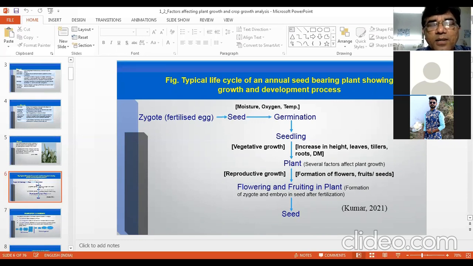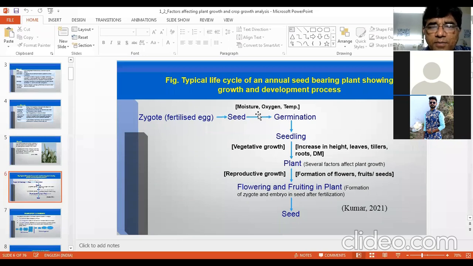After that, it may develop into a seedling, a very young or tender plant. Then this seedling will start its vegetative growth. Vegetative growth can be measured by increase in height of the seedling or plant, number of leaves, tillers, root dry weight, or overall dry matter. These are the growth parameters that we can measure.